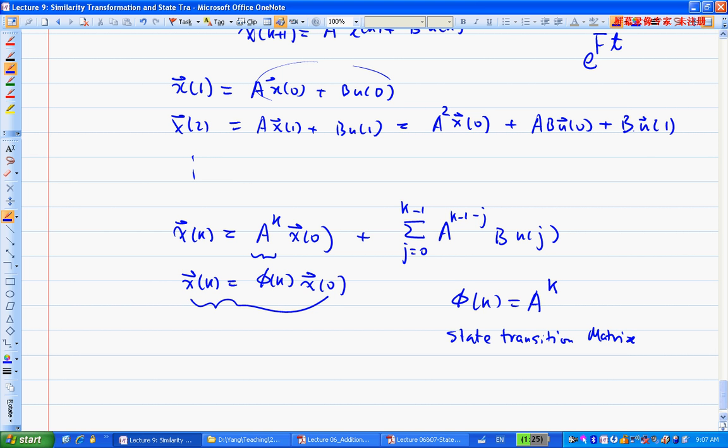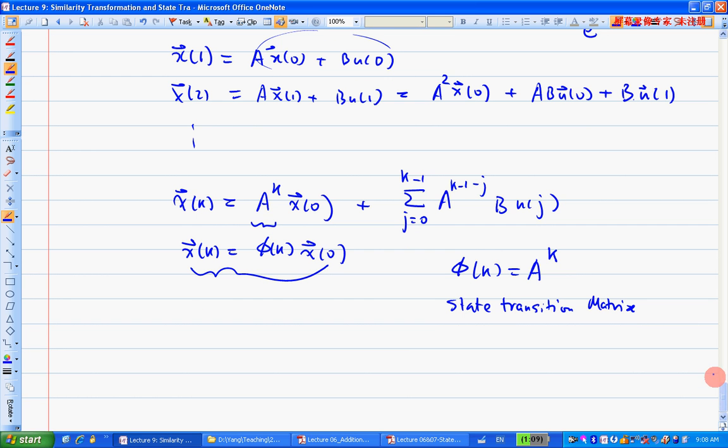Why is it called a state transition? Because this is a transition from which state? From the state at k equal to 0 to the k moment, right? That's called transition here. Then the next question is, if I'm looking at A to the power of k, what's the state value at k equal to 2000?